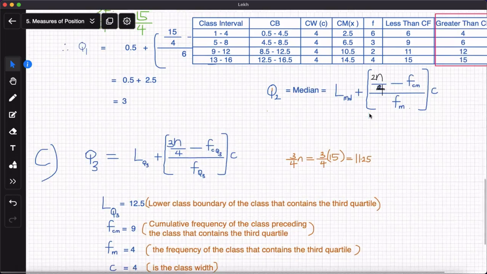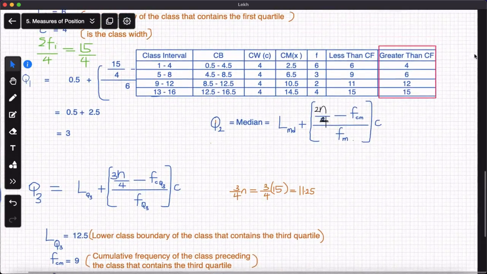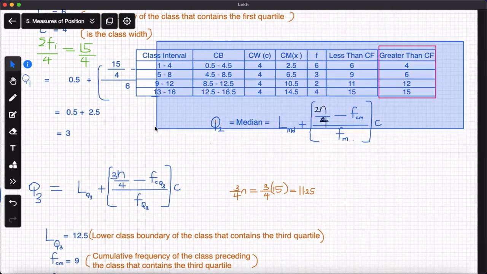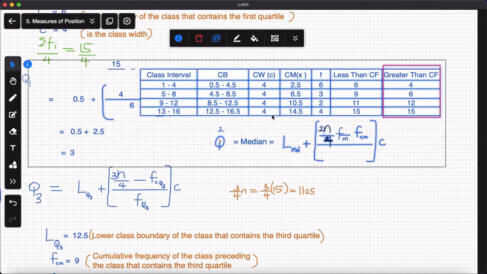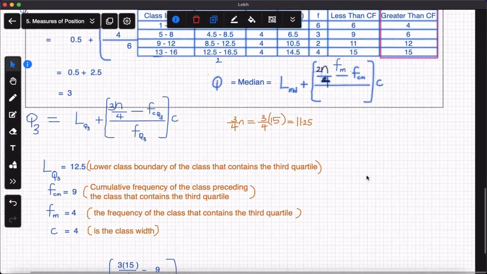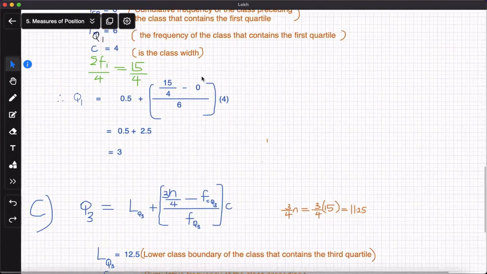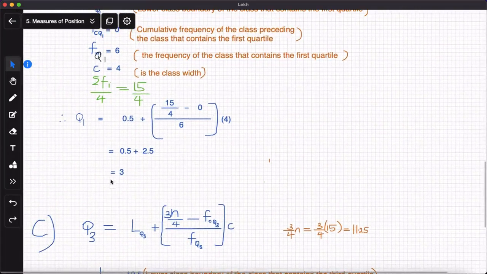All right. So look at our table again. So if you substitute everything for the Q1, you do accordingly, you get 3.